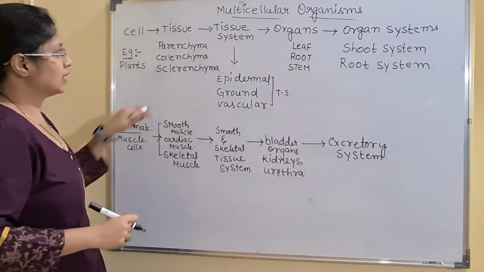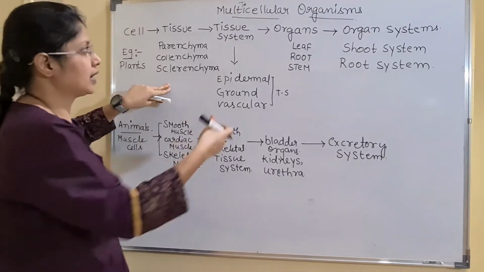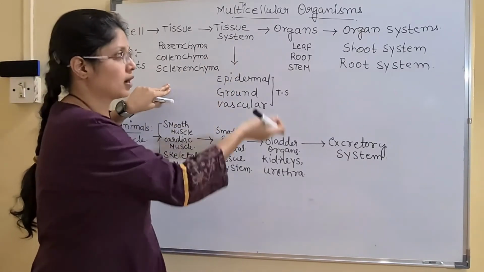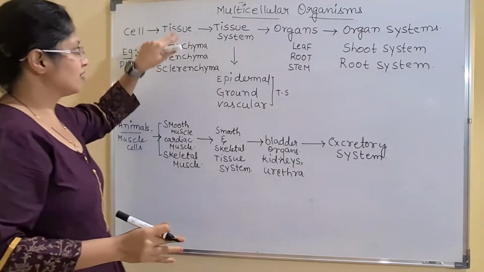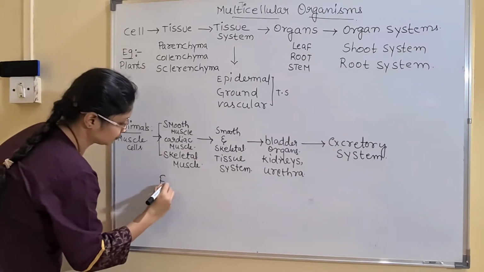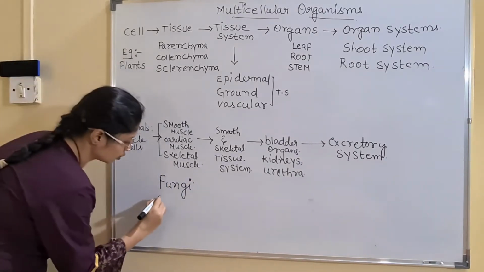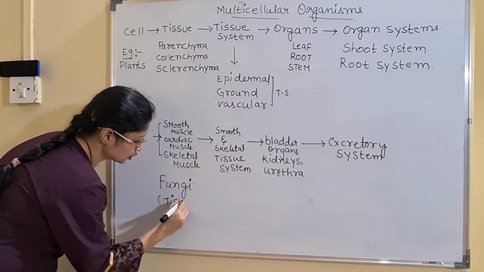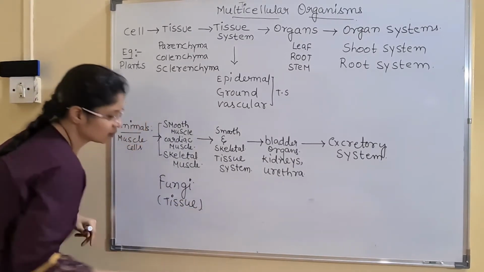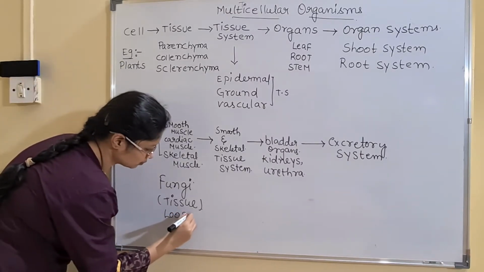So in fungi, we have loose tissue organization. So we don't have any tissue systems or organs and organ systems. Fungi will be having tissue-like organization, not a proper tissue also, it is a loose tissue.